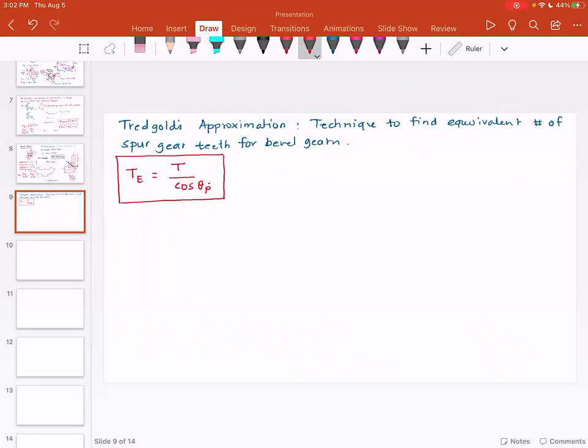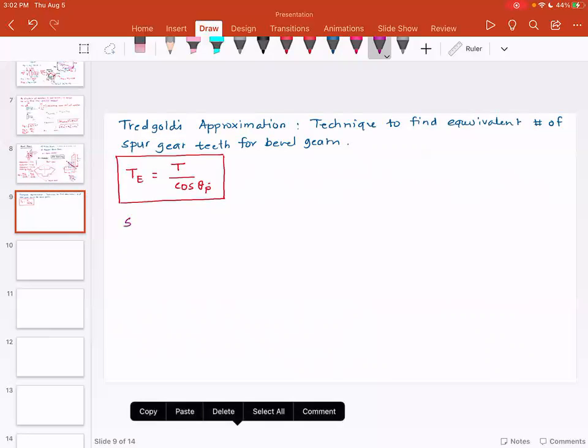And once you do this calculation, you have TE, and then you would follow the exact same procedure as spur gears. So let me give you the recipe.